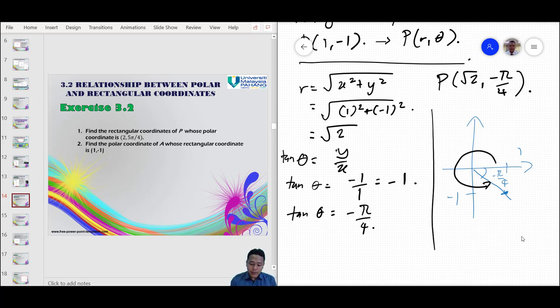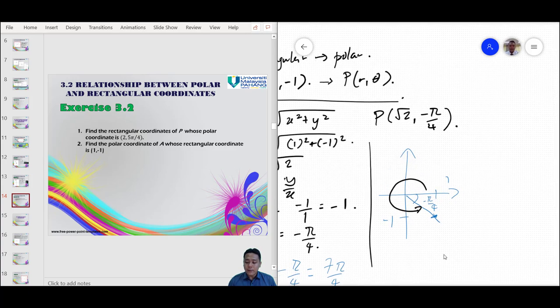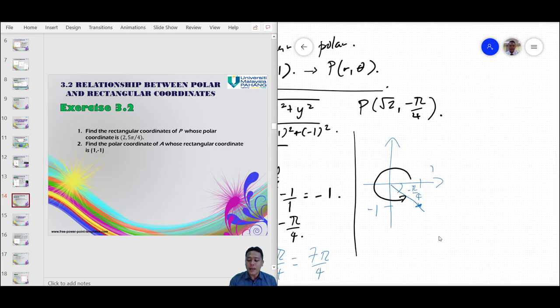So 2 pi minus pi over 4 is equivalent to 7 pi over 4. So in the form of polar coordinate, your P right now is square root 2.